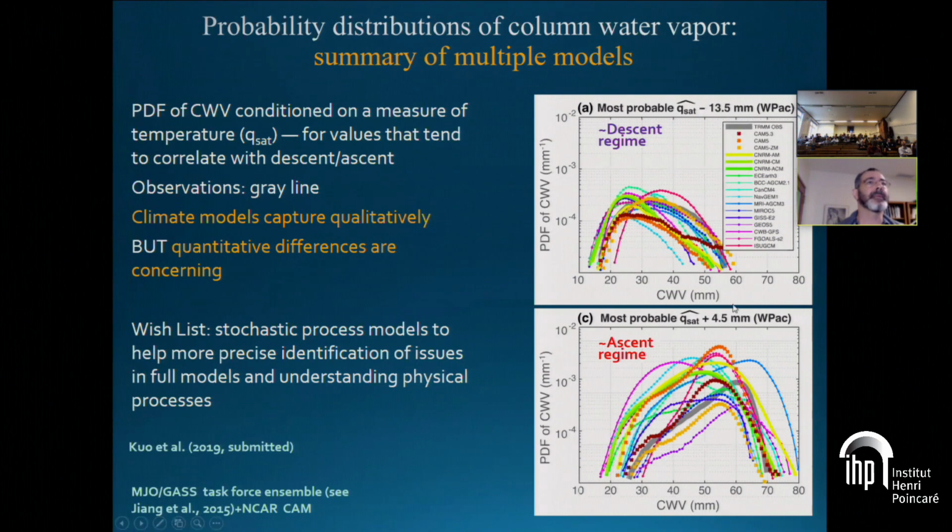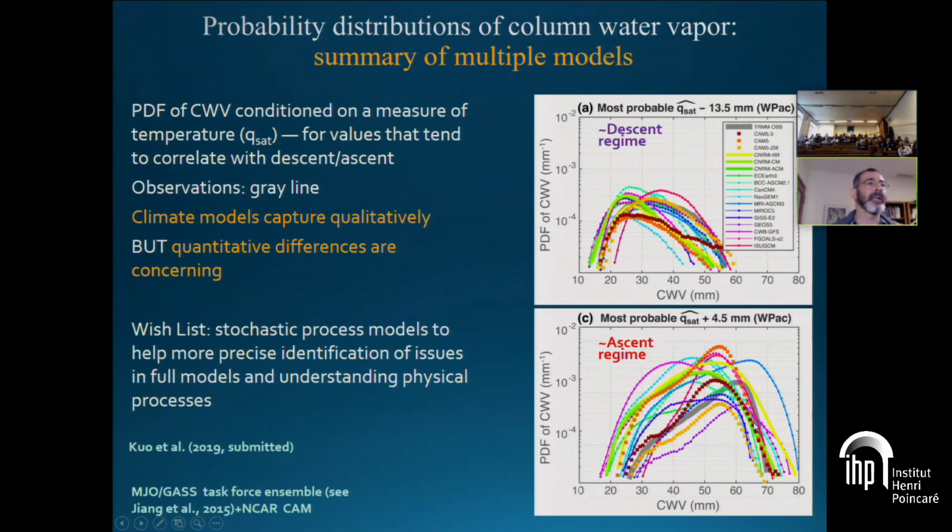Okay, so summarizing that, just putting multiple models, the ones you've seen plus other ones. This is for the probability distribution of column water vapor shown here for something like a descent regime and an ascent regime. The models are doing generally the same thing, peak at low water vapor here, dropping off, ascent regime packed up towards the place where the onset would happen, but with a fair amount of variability in exactly what goes on there.